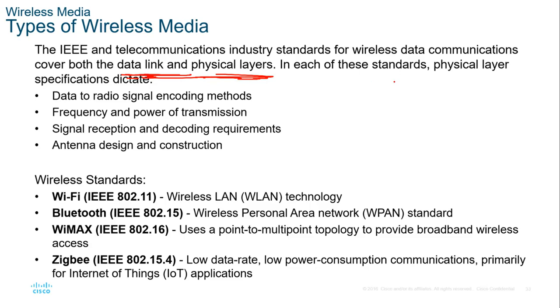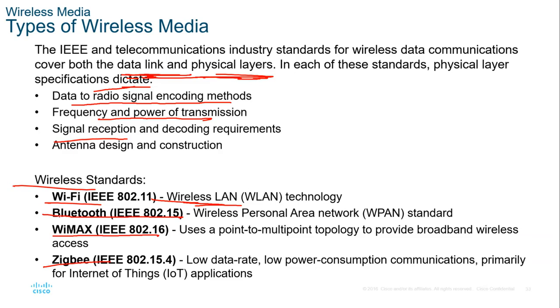In each of these standards, the physical layer specification dictates data to radio signal encoding method, frequency, power of transmission, signal reception and decoding requirements, and antenna design. So for wireless standards, we have Wi-Fi, which is wireless LAN technology. We have Bluetooth, and then WiMAX, and then Zigbee.